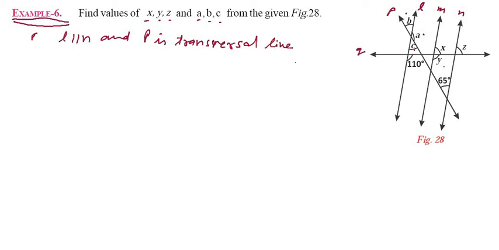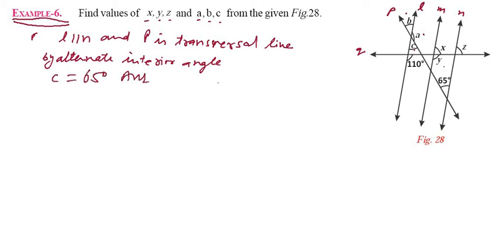So by alternate interior angle, angle C will be equal to 65 degrees. So it is your first answer.